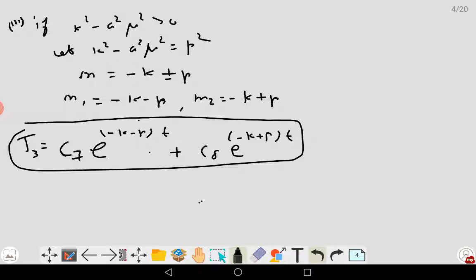How many constants have been used? c6 has been done, so c7 and c8. So there are three solutions for t. Therefore u is x t1 or x t2 or x t3, depending upon the case. That's the end of this problem.